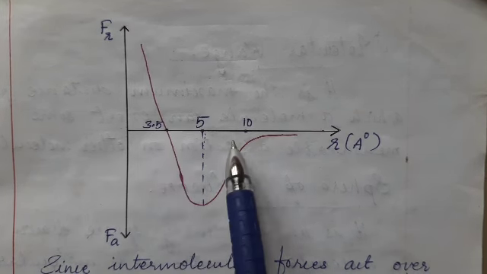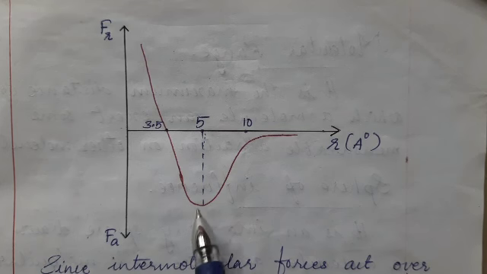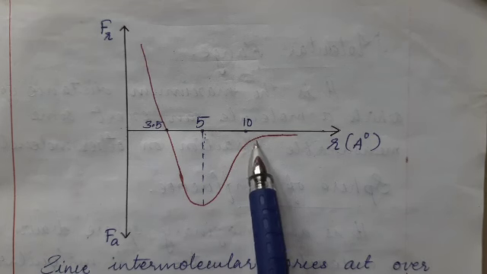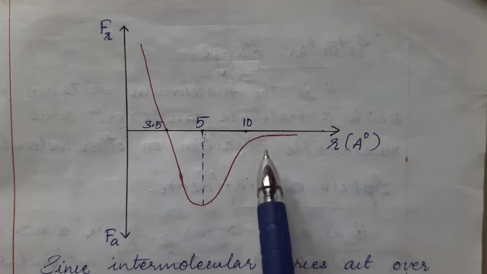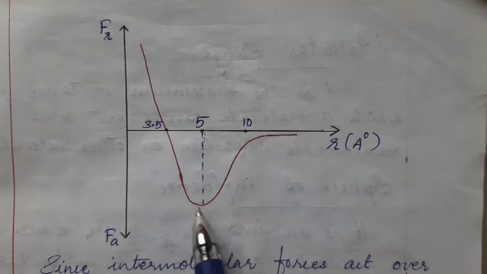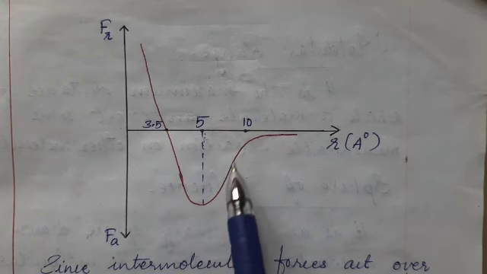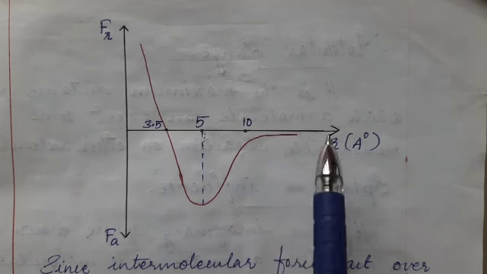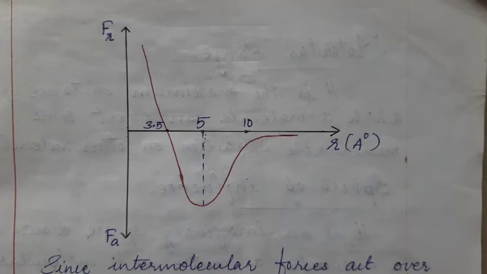From 3.5 up to some 5 Angstrom, the force will be attractive. This attractive force increases up to some 5 Angstrom, but beyond 5 to 10 it decreases and goes on. That's how the intermolecular force between the molecules acts.